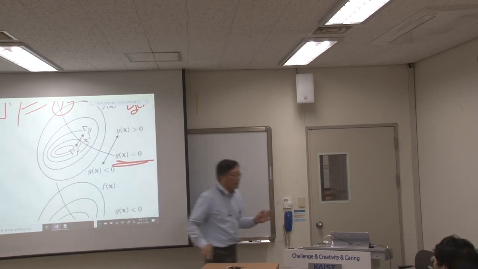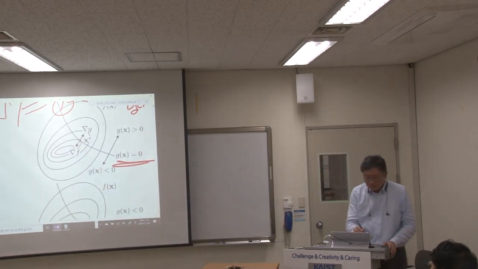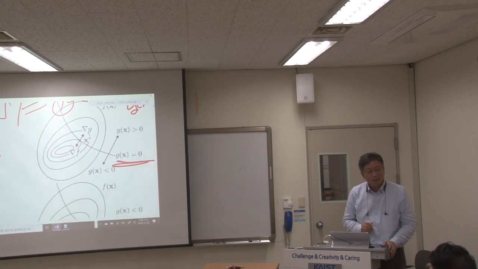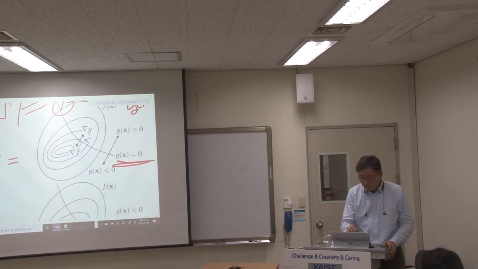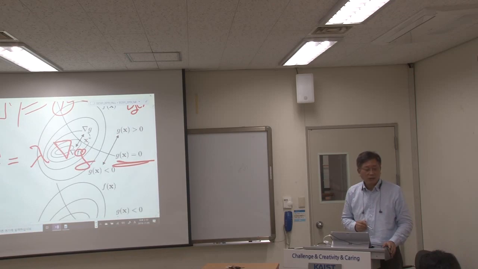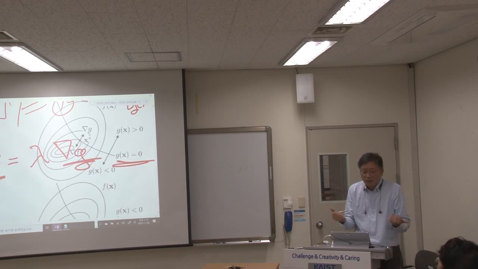Meaning that the gradient of f is somehow proportional to the gradient of g. This direction and this direction have to be opposite. So lambda has to be what?